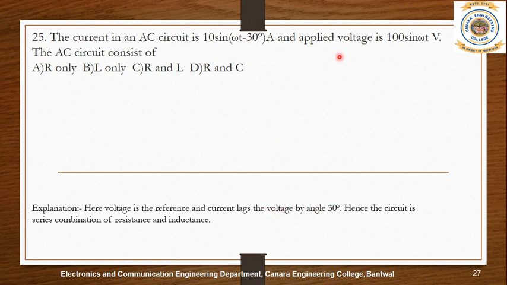Pure inductance lags by 90 degree. Here it is lagging by 30 degree, less than 90 degree. That means there is some resistance in it. So R and L, resistance and inductance, is the right option. That is option C, the correct answer.